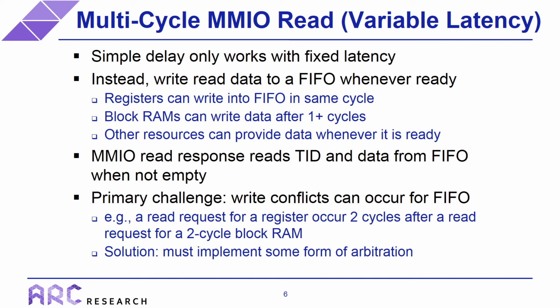That's obviously not possible. So if you want to use this strategy, the real challenge is you have to have some form of arbitration. And that can be a little bit tricky because you have to basically preserve the information about the read request until everything has actually been written into the FIFO.